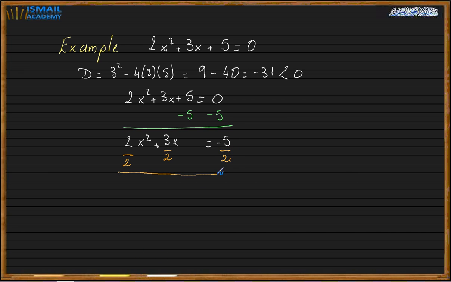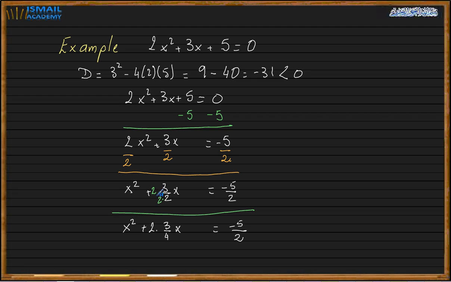So I get x squared plus 3 halves x equal minus 5 halves. Now remember, I multiply here by 2 and divide. So now I will end up having x squared plus 2 times 3 over 4 x equal minus 5 halves.